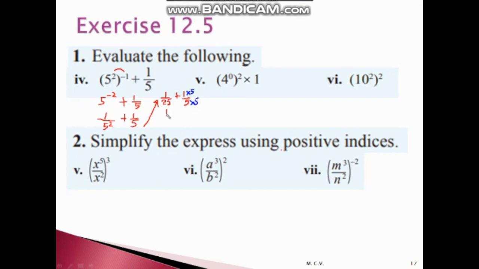Then 1 over 25 plus 5 over 25. One plus 5, 6. So the answer should be 6 over 25.